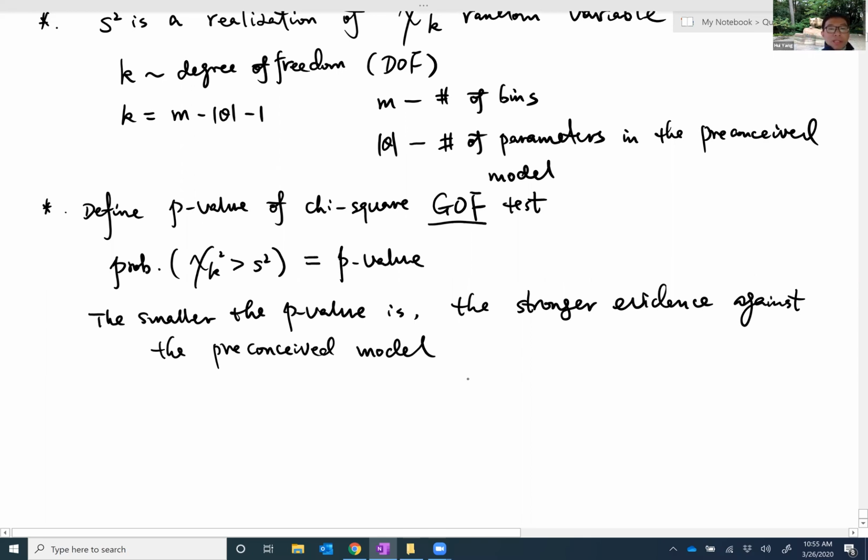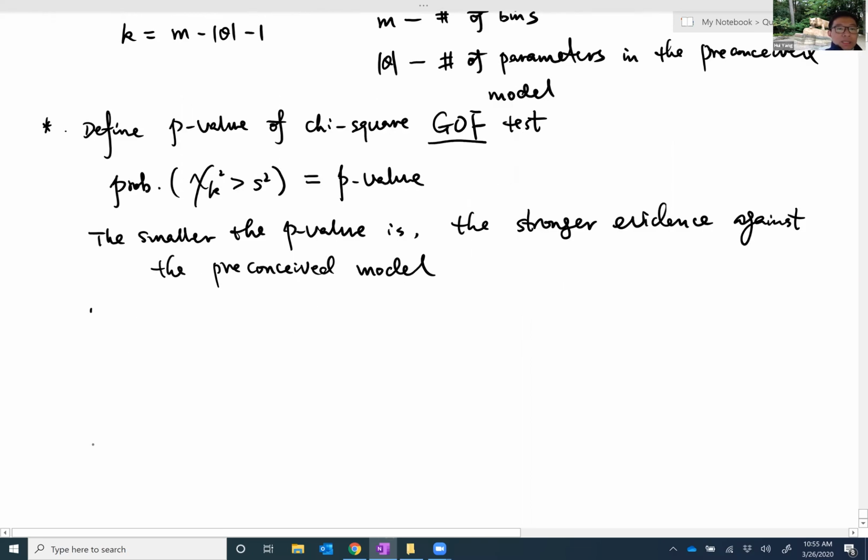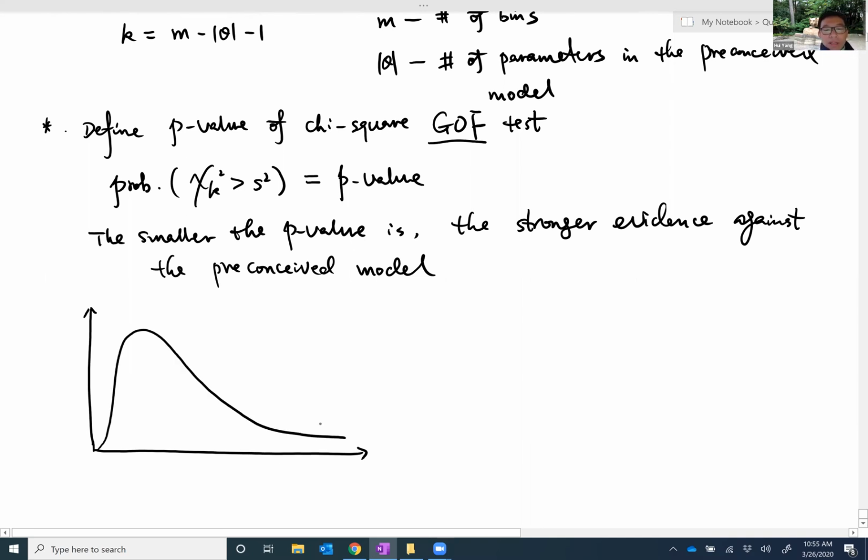Because if you look at a chi-square distribution, if S squared is right here, this will be my probability of chi-square K greater than S squared. So if this area is very small, then the S squared should be very far away from 0. S squared will be getting bigger.